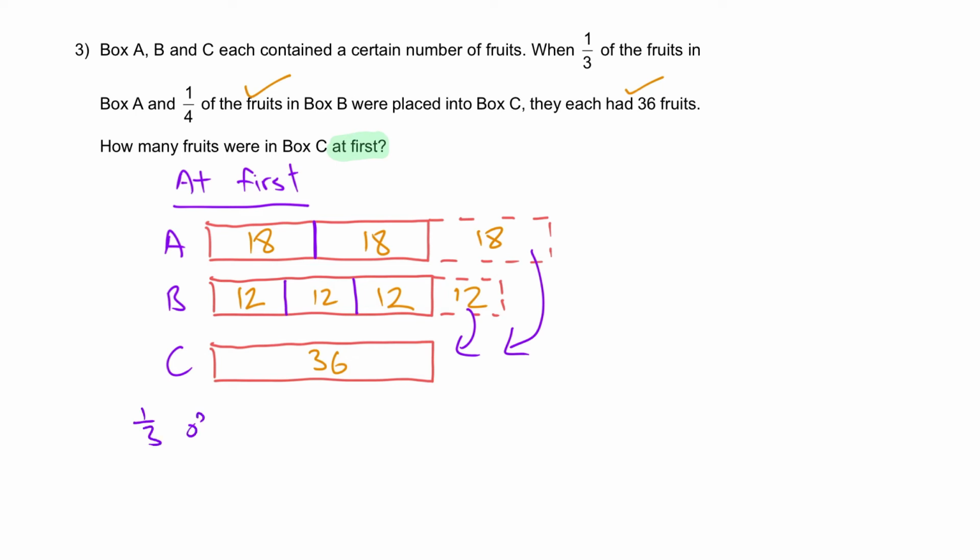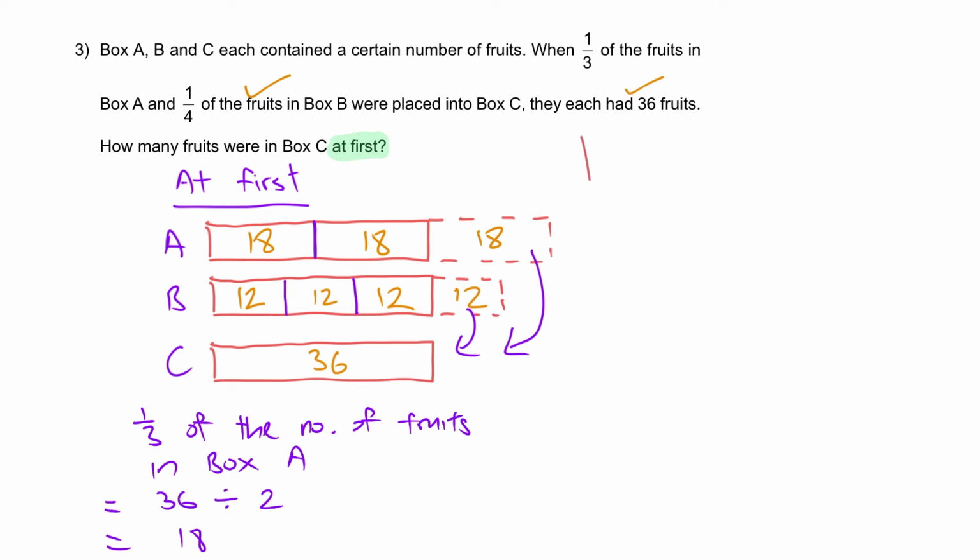1/3 of the number of fruits in box A, that will be 36 divided by 2 to get 18.